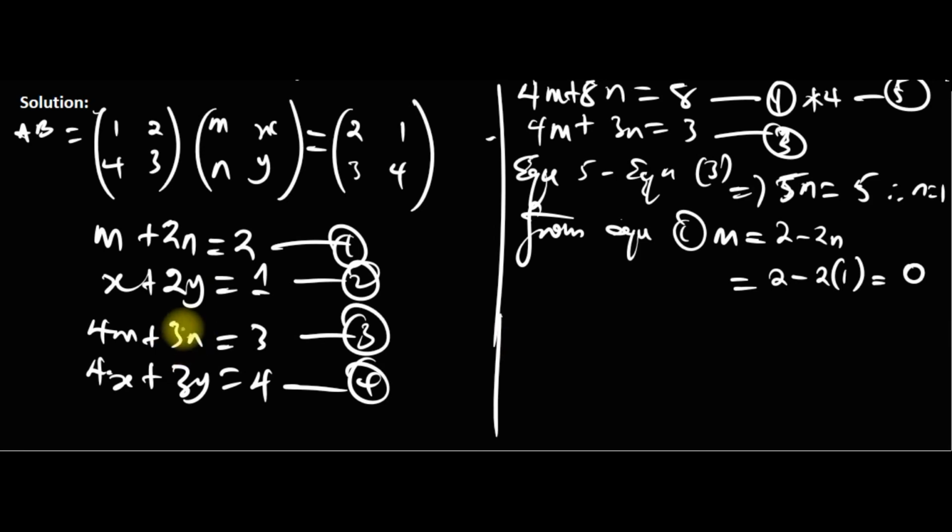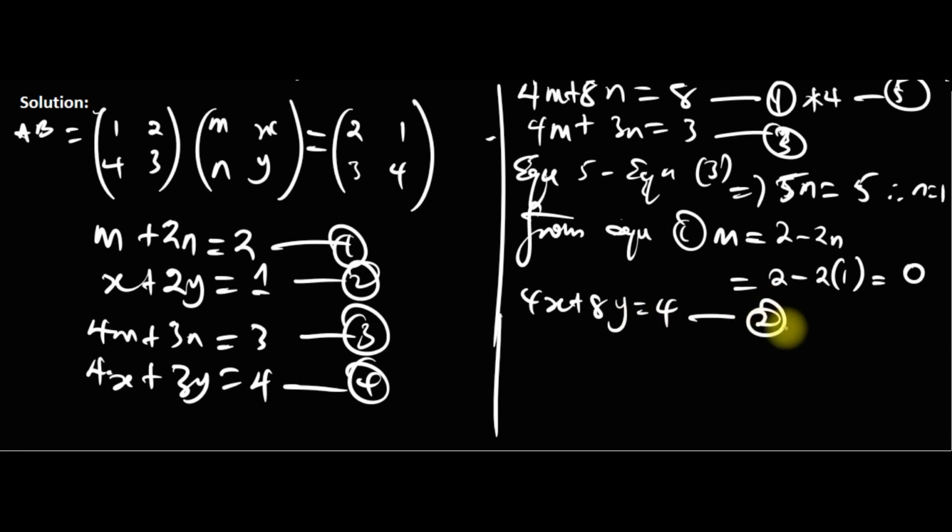Here again, we'll solve this and this simultaneously, equations 2 and 4. Before then, using the elimination method, I'll multiply equation 2 by 4. So 4 times x is 4x, 4 times 2y is 8y, 4 times 1 is 4.